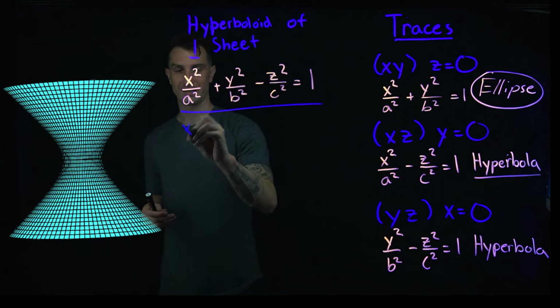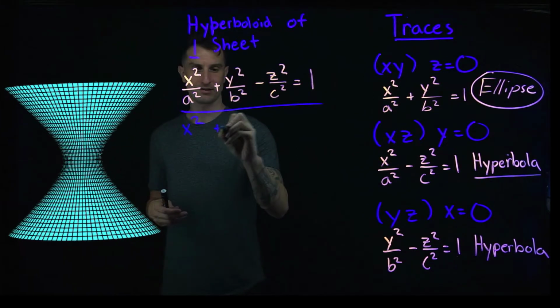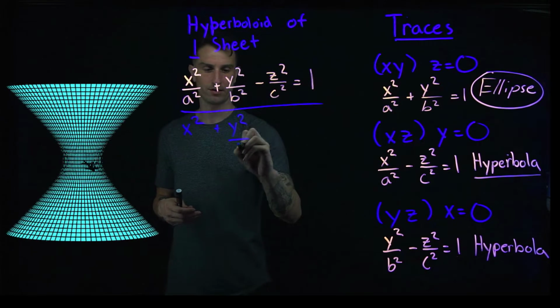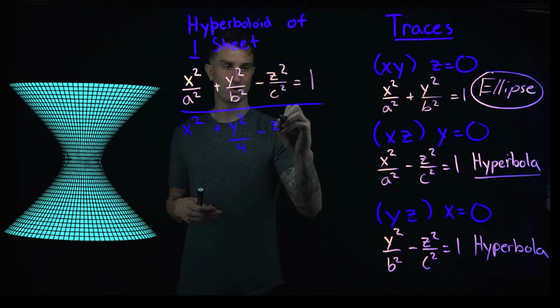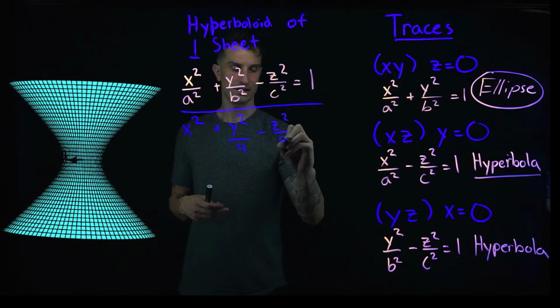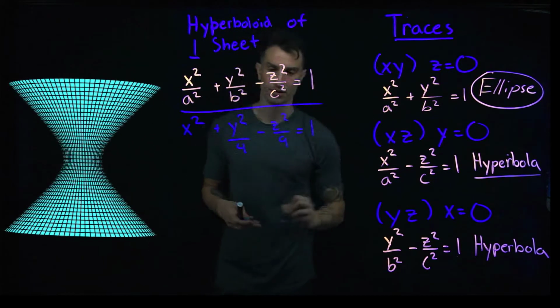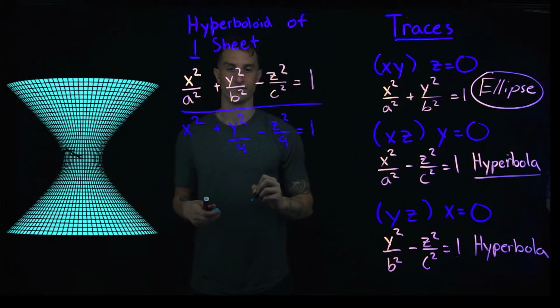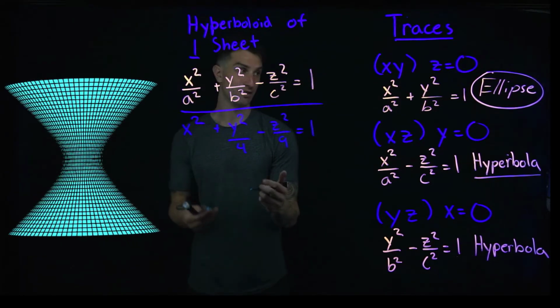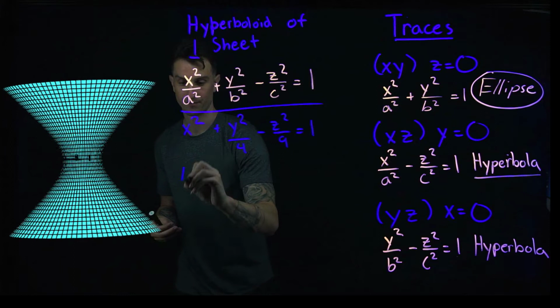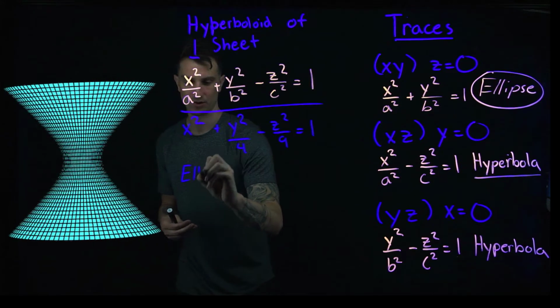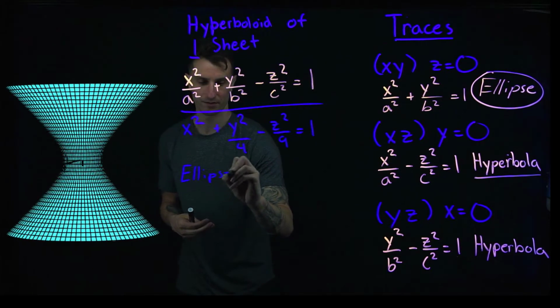So let's say x squared plus y squared over 4 minus z squared over 9 is equal to 1. Right, so again, in our xy plane, we have this ellipse. And I won't go into too much detail about the hyperbola.